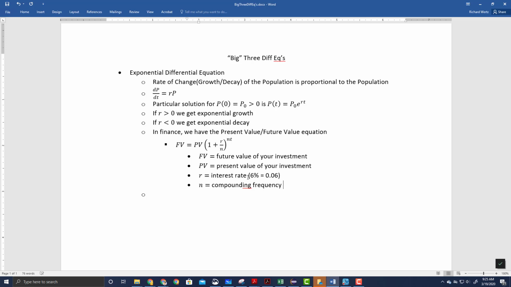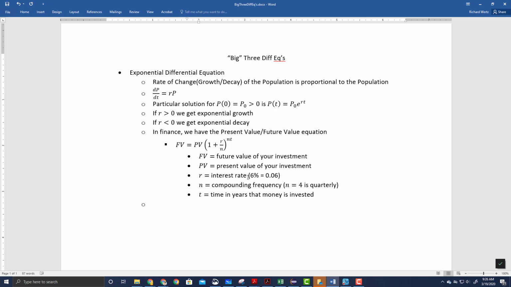That's how many times per year you get paid your interest or your return on your investment. So n equals 4 would be quarterly, you get paid your interest 4 times per year. n equals 12 would be monthly. n equals 365 would be daily. And t is the time in years that the money is invested.